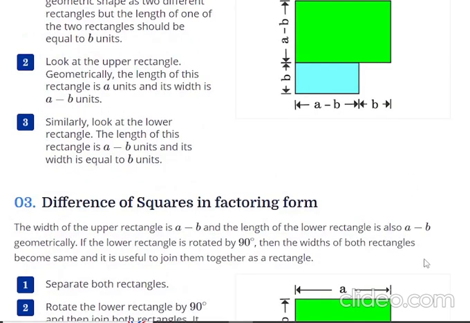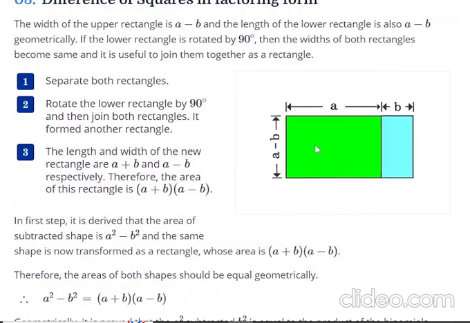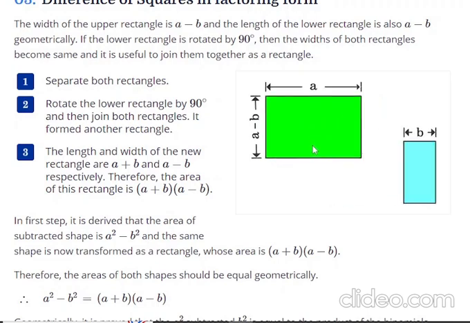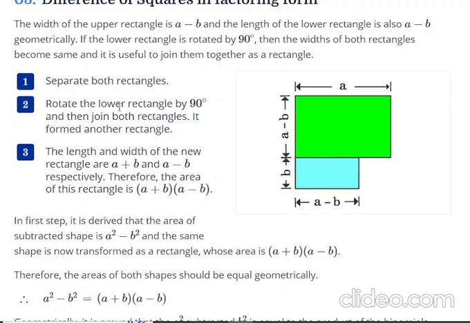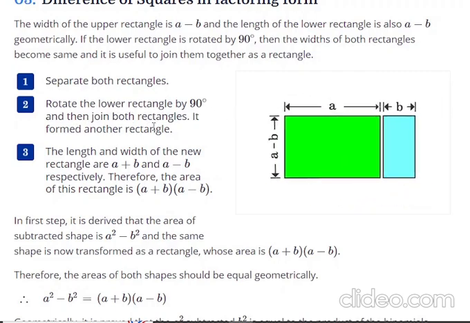In this picture, the third picture, you can see it clearly. You will get a clear understanding from this picture of how we have drawn it and what the ultimate result is. Here you can see a plus b and a minus b. You can see here, separate both rectangles, rotate the lower rectangle by 90 degrees, and then join both rectangles.